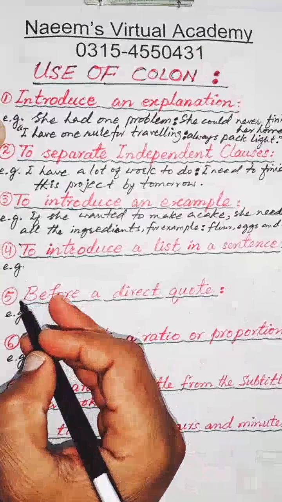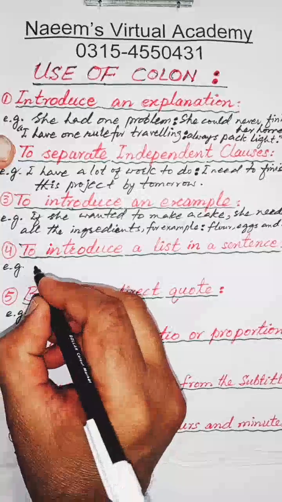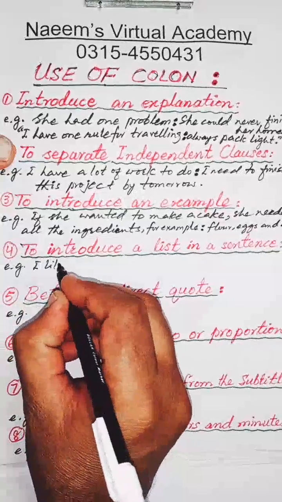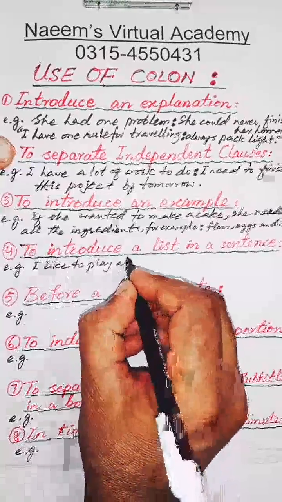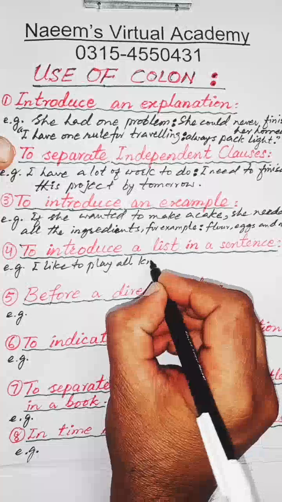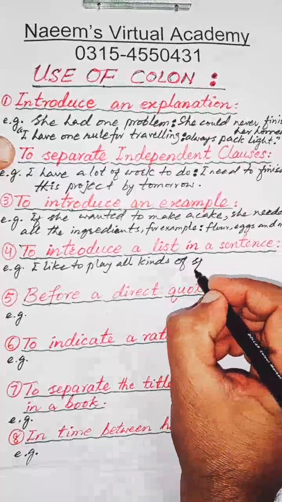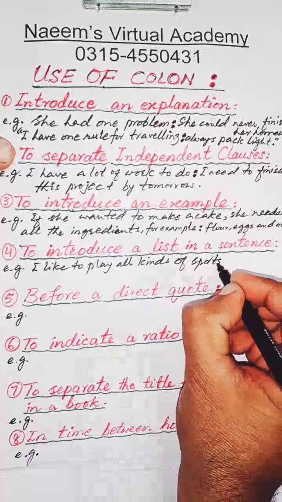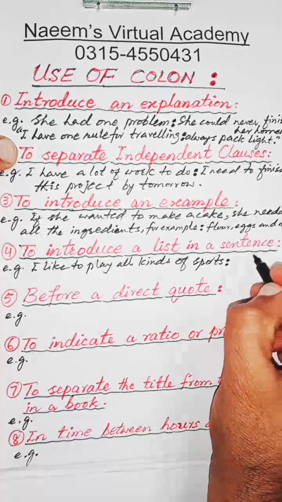Number 4, to introduce a list in a sentence. How? For example, I like to play all kinds of sports. Now I'll be placing colon. Which sports do I like to play?